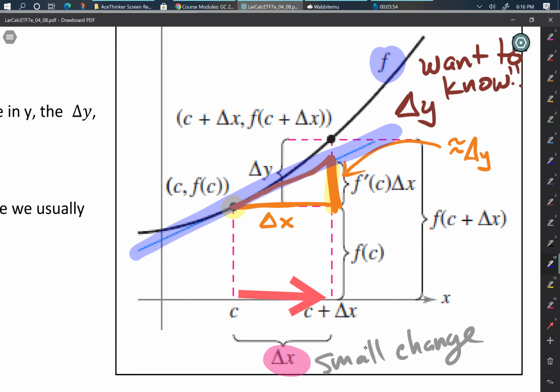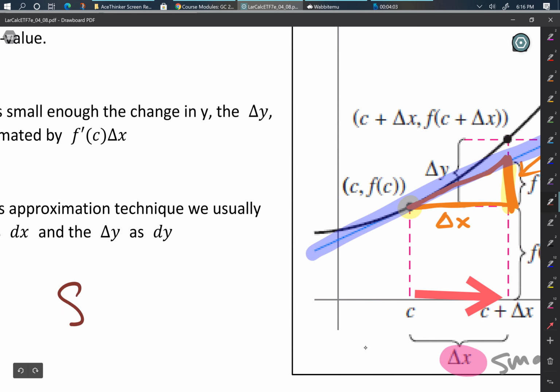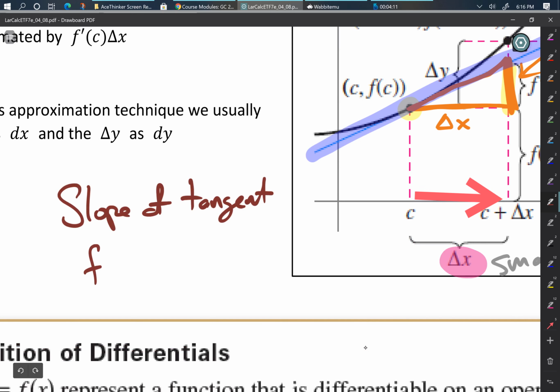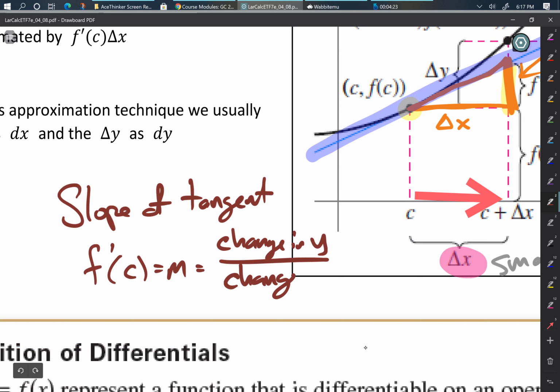The slope of the tangent line is the value of the derivative over there at the good point C. And if the slope of the tangent, f prime of c, that's our m, is equal to the change in y divided by the change in x, and we know that the change in x is delta x, then with a little bit of algebra, we can multiply to get rid of that denominator.